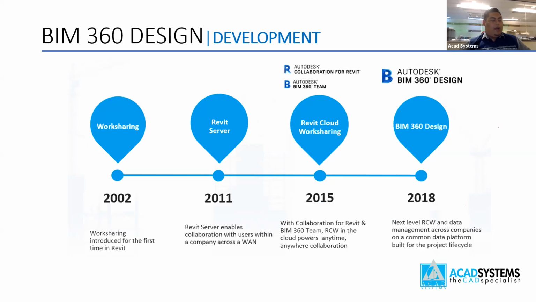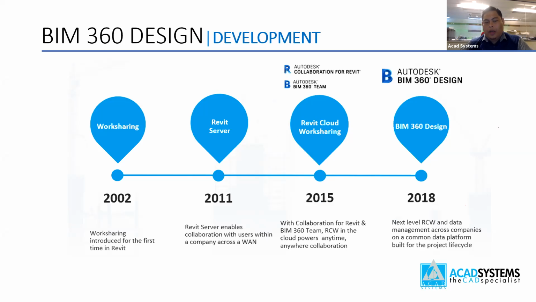Okay, so BIM 360 design is a life-changing technology introduced by Autodesk. It started with the Revit cloud work sharing idea, and it all started with the Revit work sharing features that most of us have been using since 2002, where you can synchronize your model locally on your server.